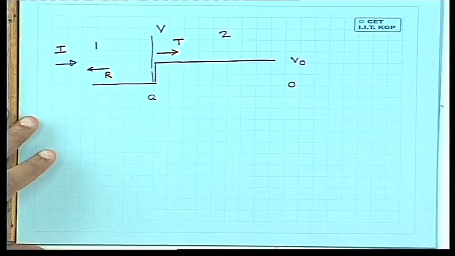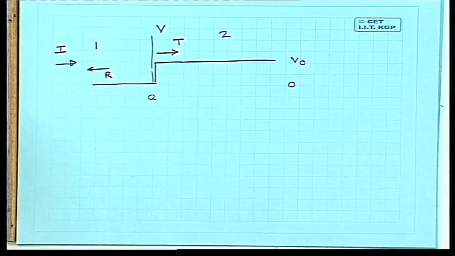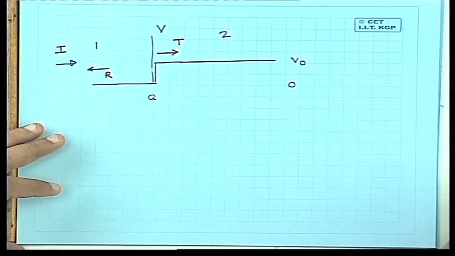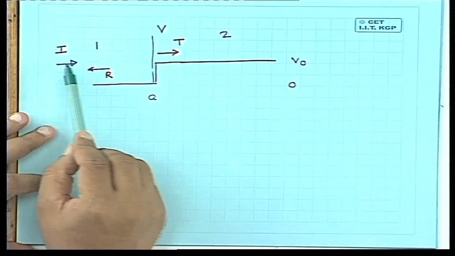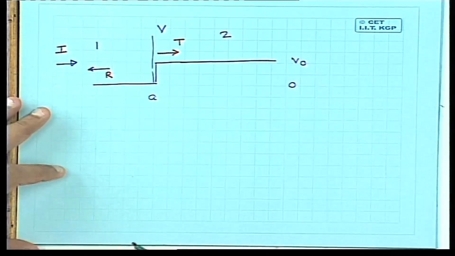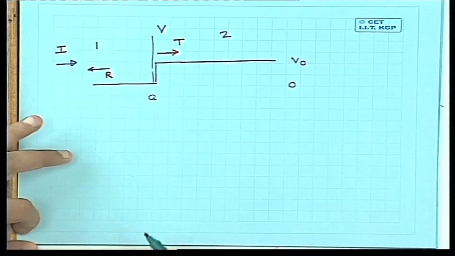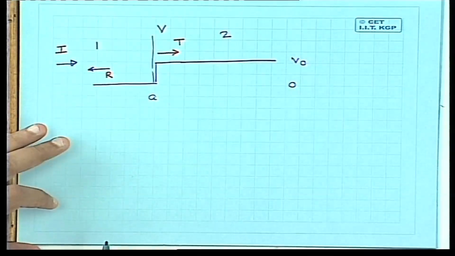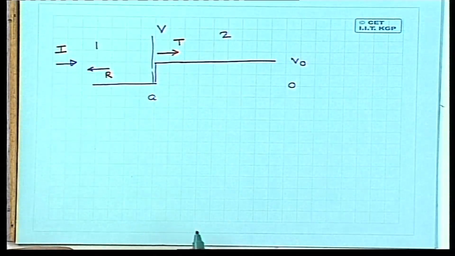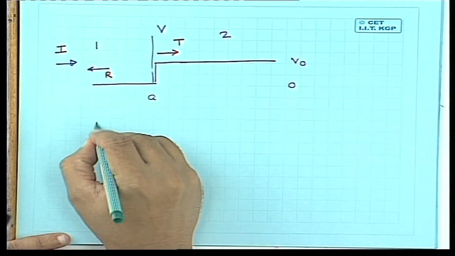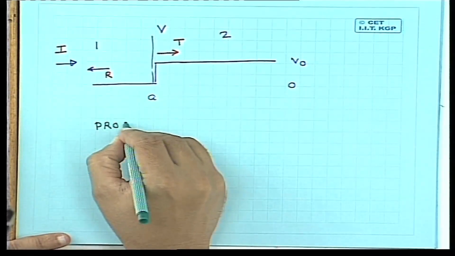Now, how do you represent this? How many particles are incident, or what is this incident quantity? How do you mathematically quantify? So the quantity you look at for the incident part is the probability current.